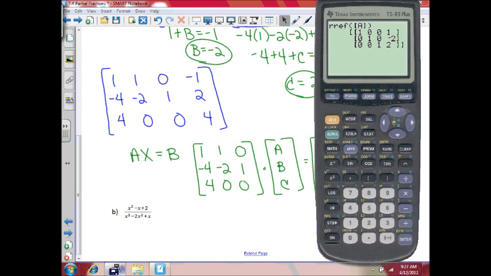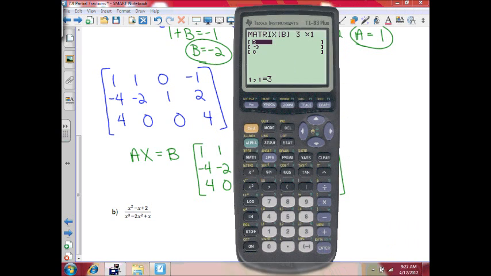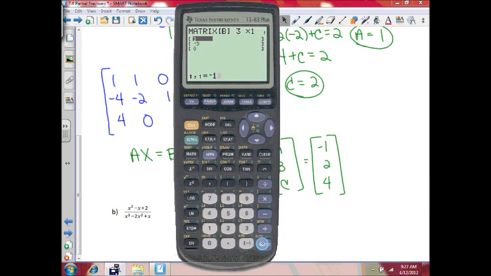Now again, we're going to have to change our matrices just a little bit. This will be a 3 by 3 now, which does change a little bit. We will have a 3 by 1, and that will be negative 1, 2, 4.